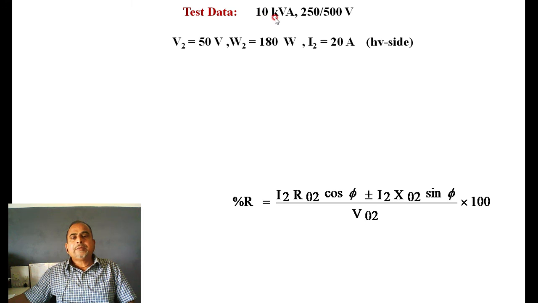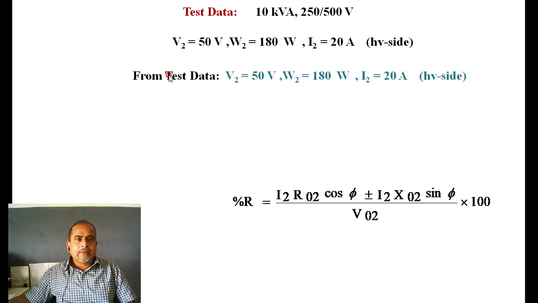The rating of the transformer is 10 kVA, 250 by 500 volts. The test data is given: V2 is 50 volts, W2 is 180 watts and I2 is 20 amperes, corresponding to the high voltage side. Taking the test data, let us calculate ZO2.